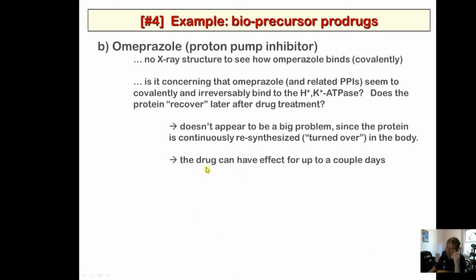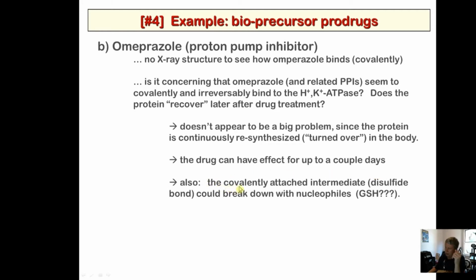And the drug can have an effect for a couple days, which is probably not a bad thing. If you're suffering from some of these ulcer problems, this is a kind of miracle drug, so it may actually be beneficial that you're not generating large amounts of acid in your stomach.